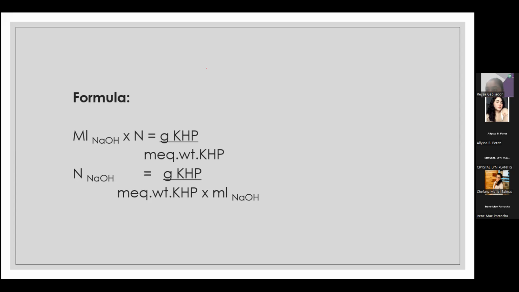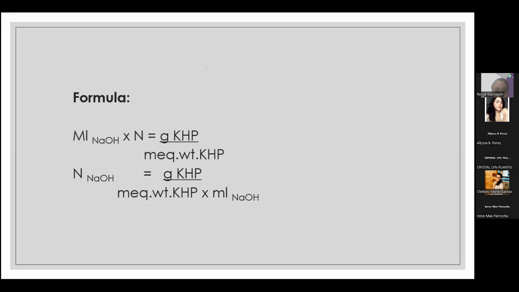That's the meaning of equivalence point. So in the computation, even if we use the potassium hydrogen phthalate, we can still assume that it is also the normality of the sodium hydroxide. Kasi again, sa titration, we assume that the concentration or actually the milli-equivalent weight of the analyte will be equal to the titrant. So look at the formula in the screen.